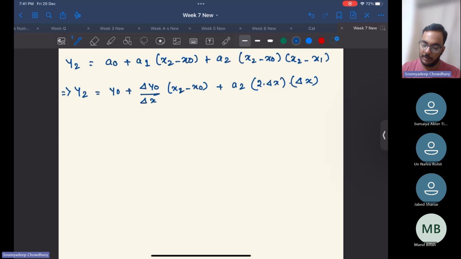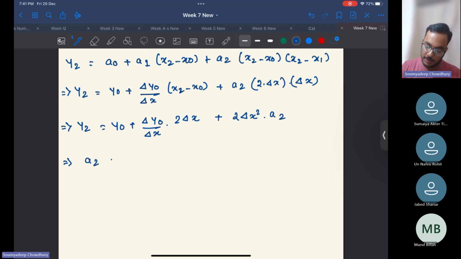This is nothing but mathematical manipulation that I am doing. If you simplify this further, y2 equals y0 plus delta y0 by delta x into 2 delta x, plus 2 delta x square into a2. If we find a2, it is y2 minus y0, minus 2 delta y0, upon 2 delta x square.